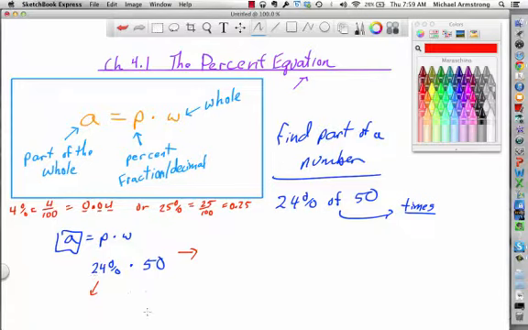So 24% is going to turn into A equals 24 over 100 times 50. Or we could write that A is 0.24, 24 hundredths, times 50.